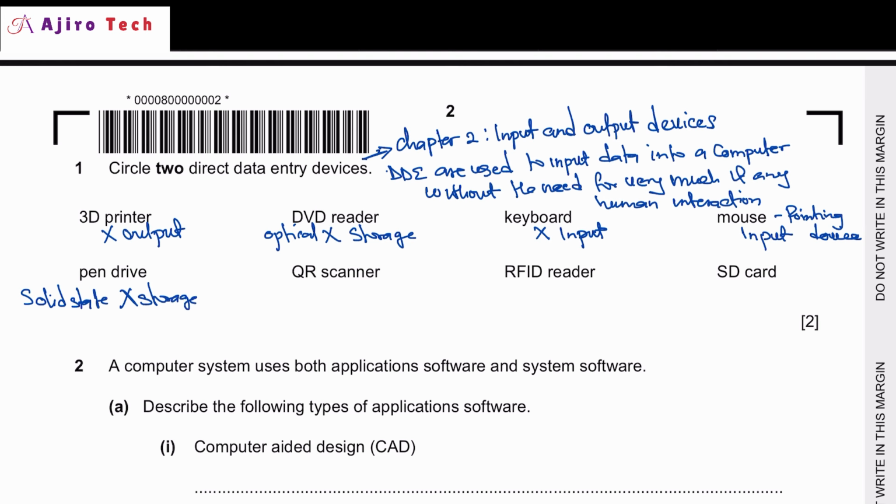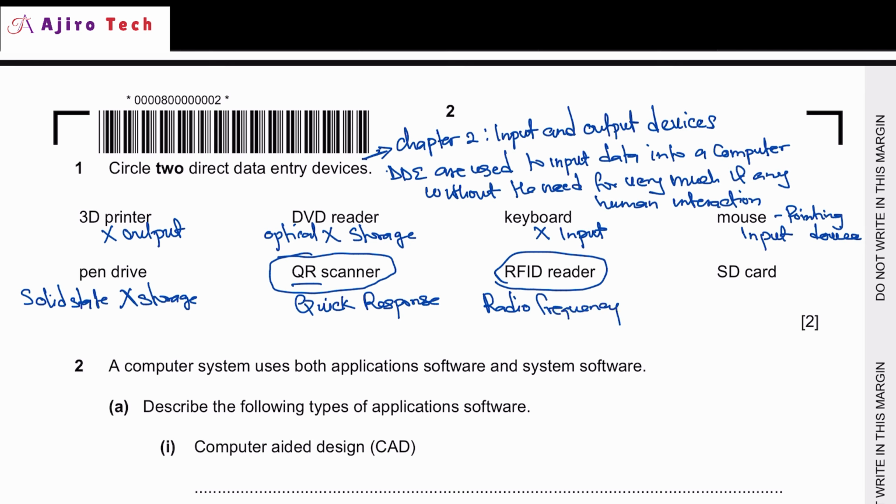QR scanner. Yes. This is what we call the quick response. The QR means quick response. And this holds more information than the barcode. The RFID reader, yes. This is what we call the radio frequency.